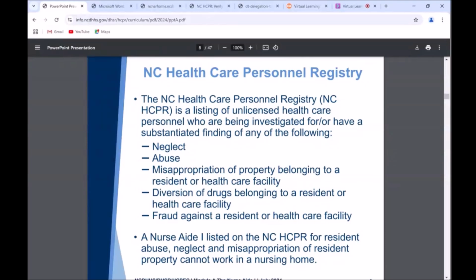Employers in many healthcare settings are required to check the healthcare personnel registry for these allegations or substantiated findings before hiring employees. And according to federal regulations, a nurse aide that is listed on the Nurse Aide 1 registry with a substantiated finding of abuse, neglect, or misappropriation of property cannot be employed in a nursing home. So the Nurse Aide 1 does not want to be listed on this.